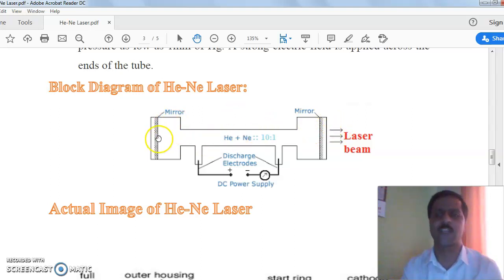One is 100% reflective, the second is partially reflective, and the laser beam comes out of the discharge tube through this partially reflective mirror. With the help of a DC power supply, an electric discharge is produced in this discharge tube.